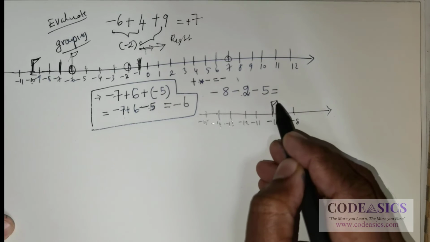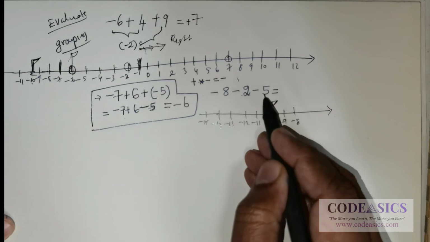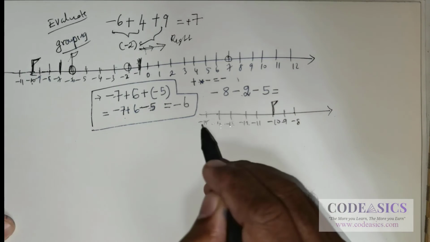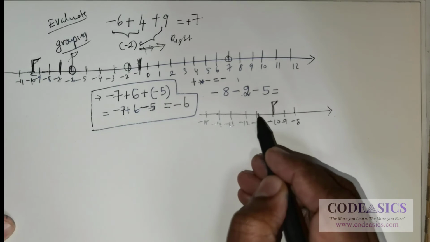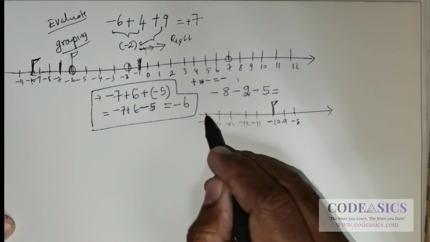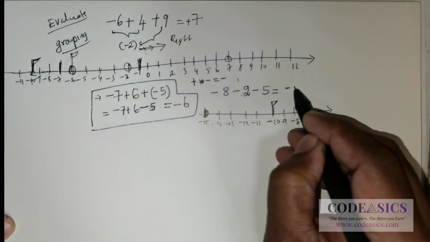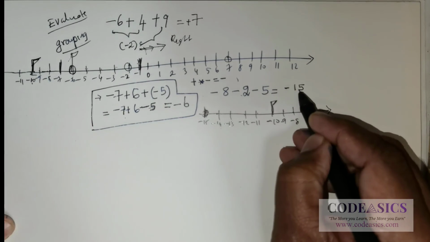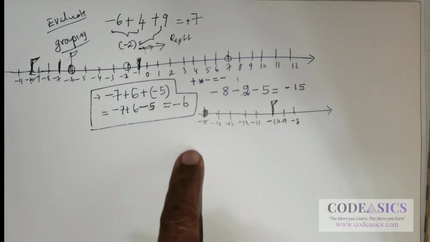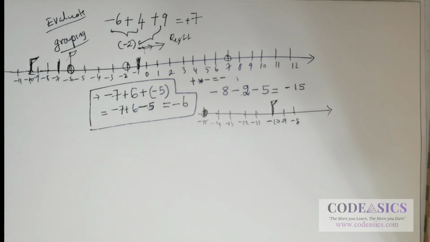I'm over here. From here I need to subtract 5 units, so it's going to be towards the left. 1, 2, 3, 4, 5. I've landed up here. So this is my point. The solution is going to be negative 15. So this is using the number line, and we have achieved the result.